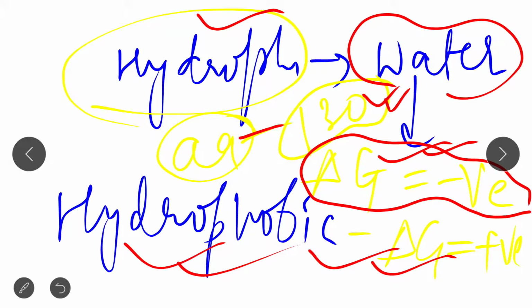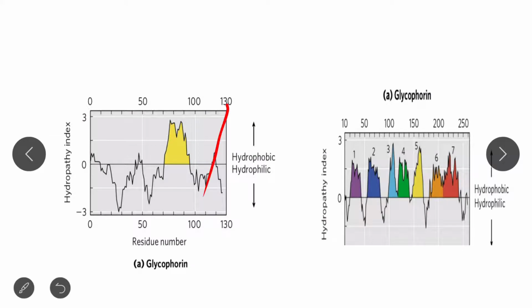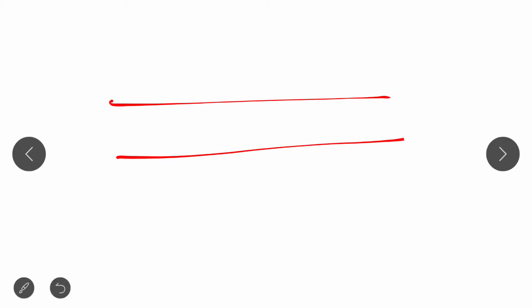So in this way we can identify the hydrophilic and hydrophobic protein, but it's very difficult to exactly identify these segments. To identify them, we first have to know the number of amino acids present. Suppose this is a lipid bilayer, and this is the total non-polar segment.